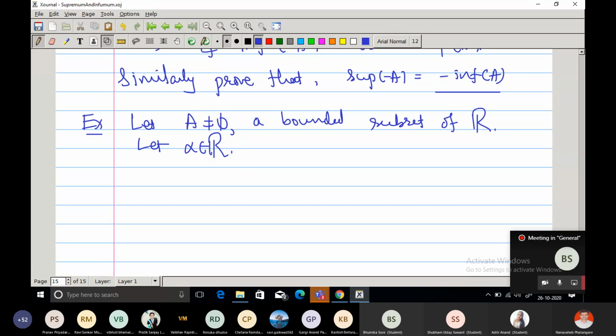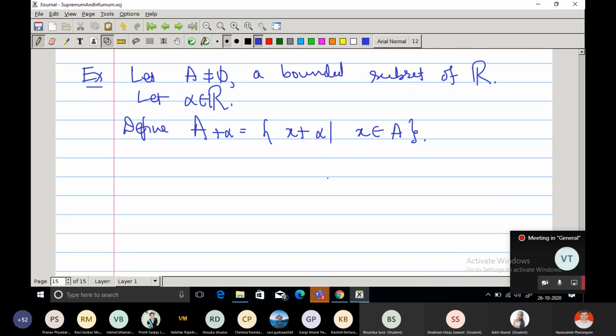Choose some real number alpha. So define the set A plus alpha as x plus alpha where x is in A. Now do you understand what kind of set this A plus alpha is? Yes, sir.